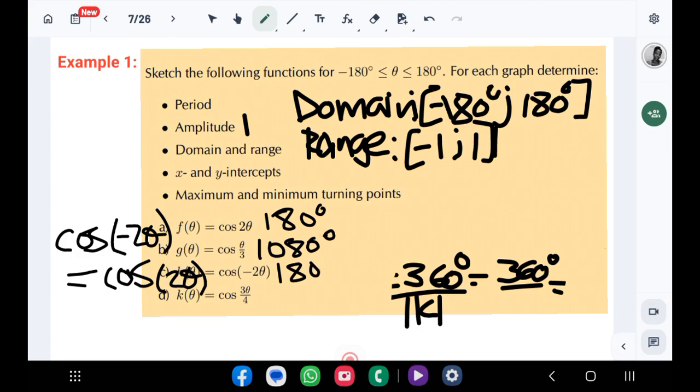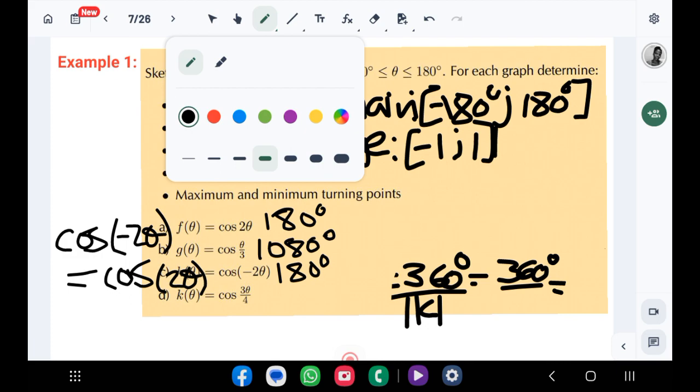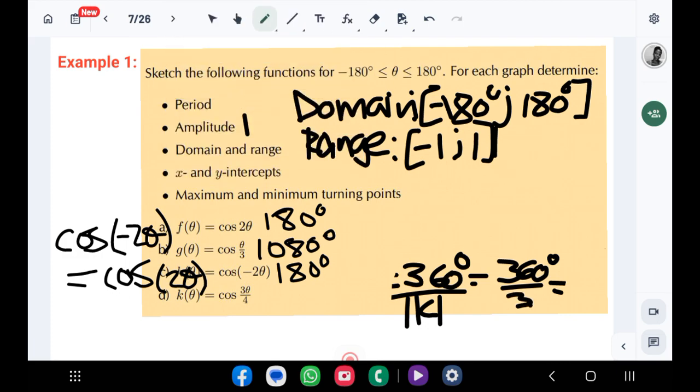And then the period for the last one, your k is equal to 3 over 4. So you divide 360 by the absolute value of 3 over 4, which gives us 360 multiplied by, flip that upside down, 4 over 3.